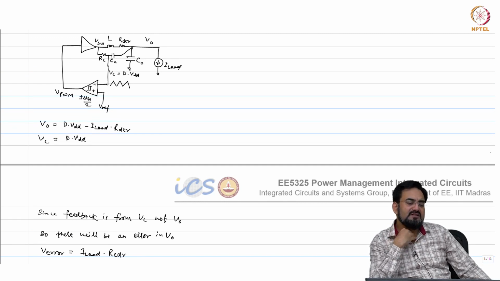How will the ground level affect it? Instead of Cc, if we somehow have something like I load RDCR. Yes, but how do you know RDCR? Do you know RDCR?